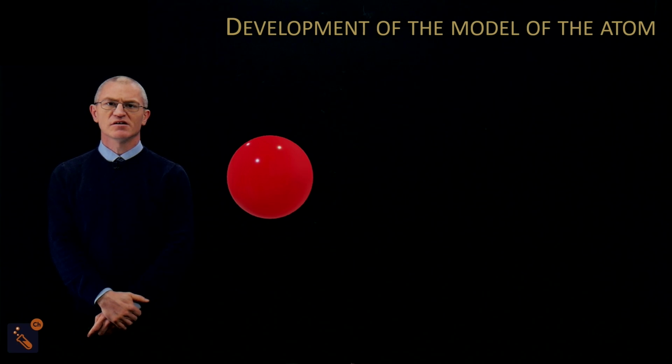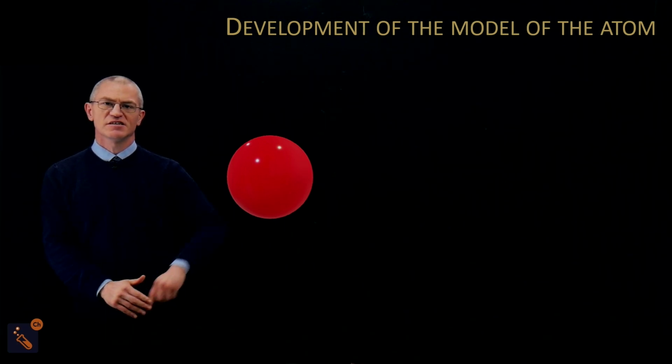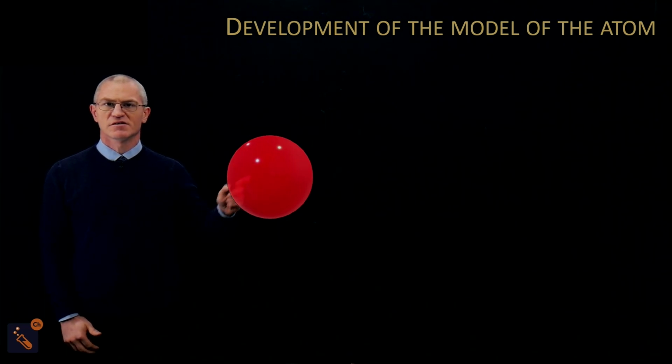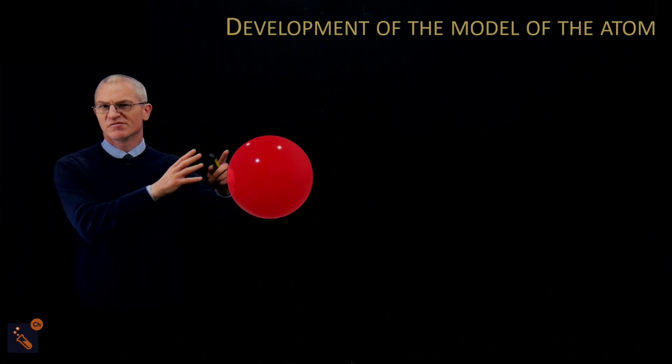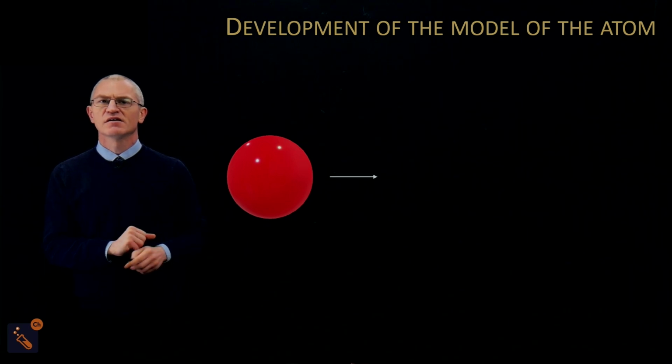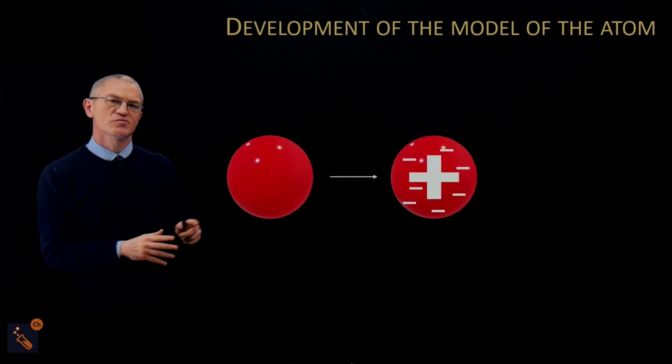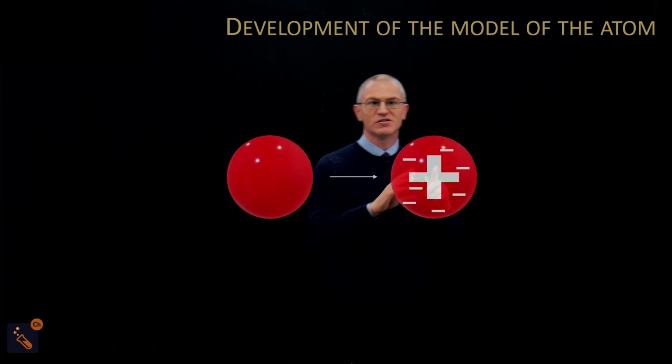So let's start with Democritus. If we look at this, he didn't develop the atom, but he said that atoms existed. Then we go all the way to J.J. Thomson's model, which is a big sphere of positive charge dotted with electrons all the way through it.